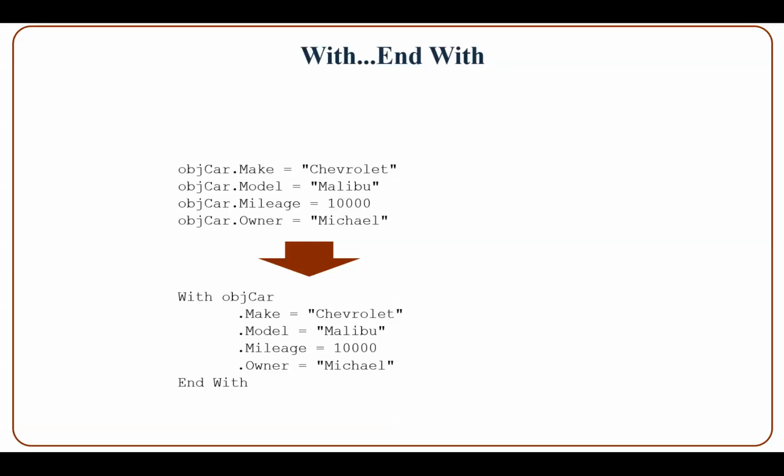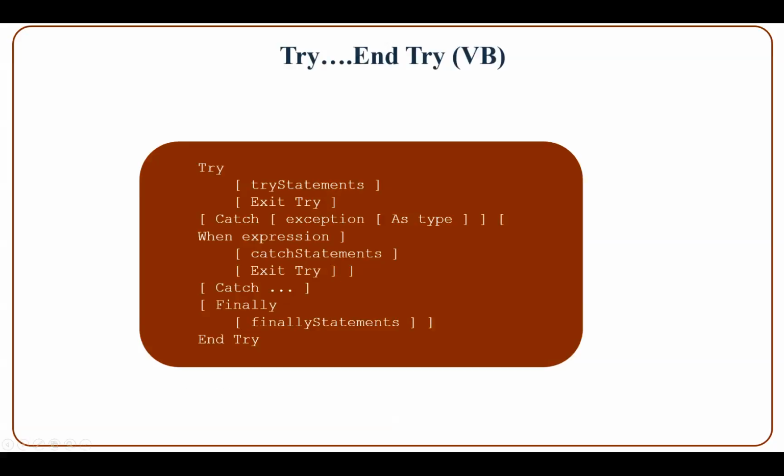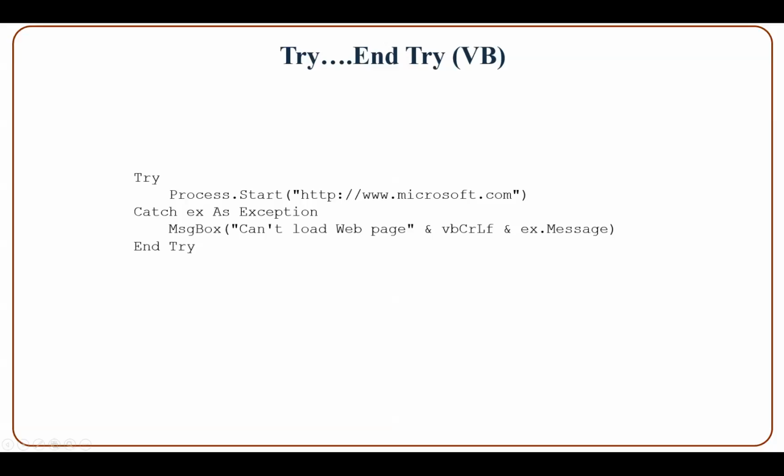Try and end try structure provides a way to handle errors. So the statement you want to run, you put in try, and when the error happens, you want to write some code in catch to catch and probably show the error. This is an example for try and end try structure.